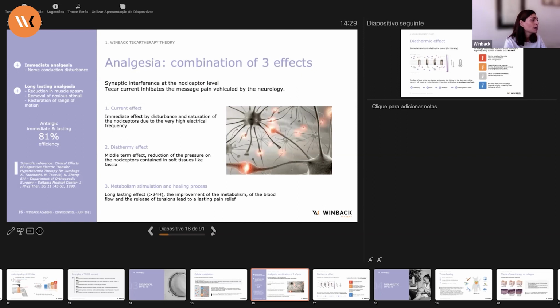So with Tecar therapy, we have 2 effects: immediate analgesia because of the saturation of the nociceptors, a disturbance of the nociceptor information conduction, and a long-lasting analgesia because of the reduction of the spasms, a reduction of the tension of the muscle, because of the removal of noxious stimuli, and will lower and take off the substance P from the area that we're working on, and because of the restoring of the range of motion.